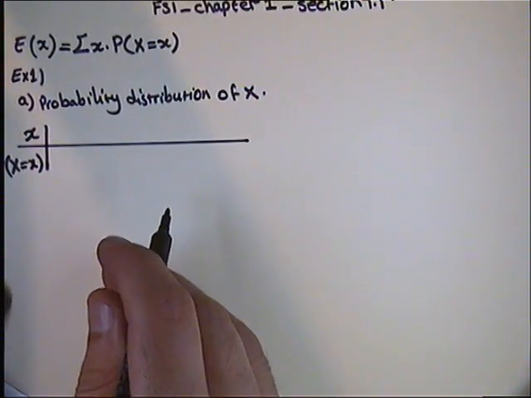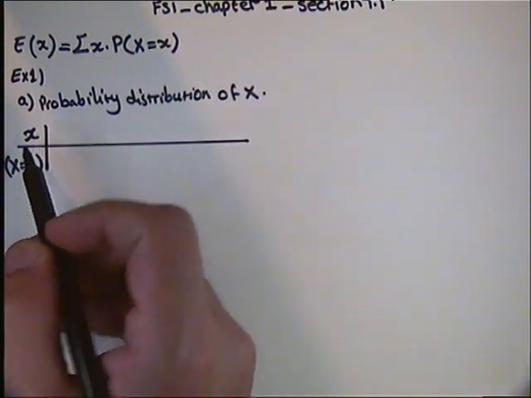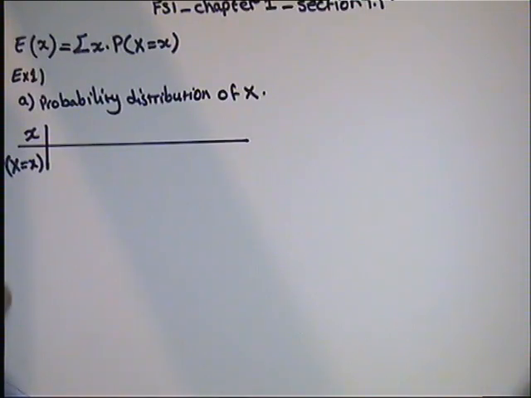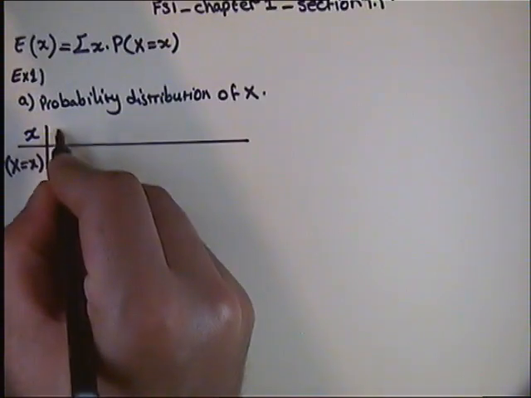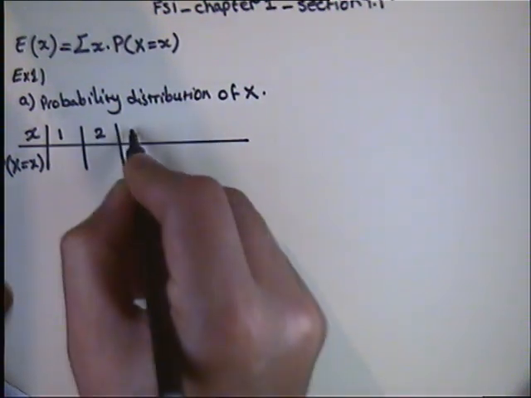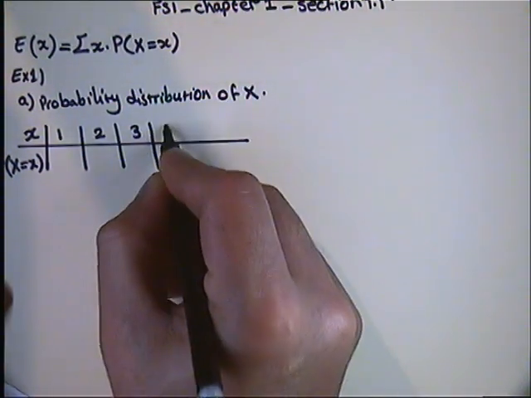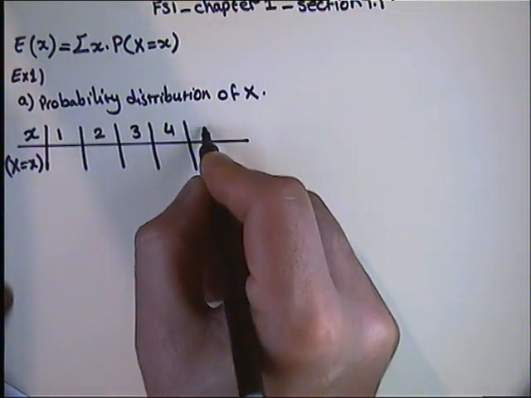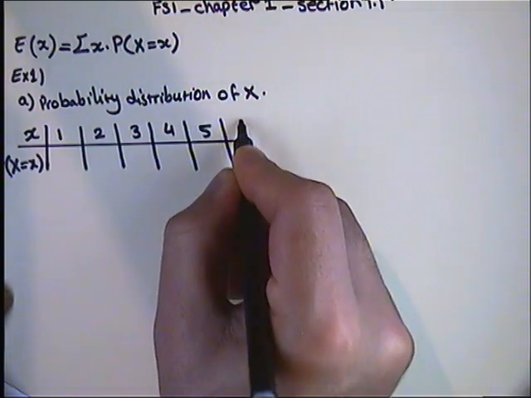So what are the possible values for lowercase x? The six-sided dice should be labeled 1, 2, 3, 4, 5, and 6.